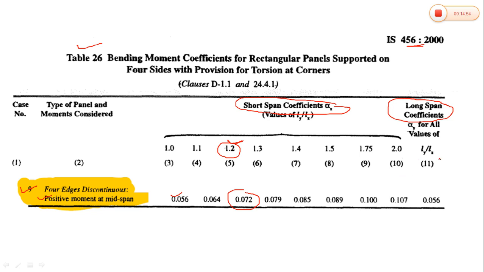And for that particular value of Ly by Lx, alpha y has a common value for the case of 4 edges discontinuous, and that value is 0.056. In this way we get the values of alpha x and alpha y. And once we get alpha x and alpha y, we can calculate the moment in x direction as well as in y direction. So this table is very important. We are going to refer to this table while calculating the moments.